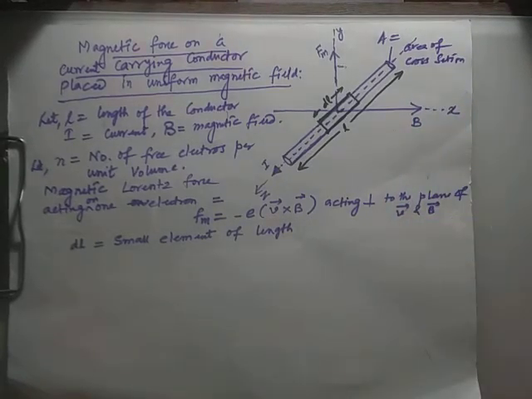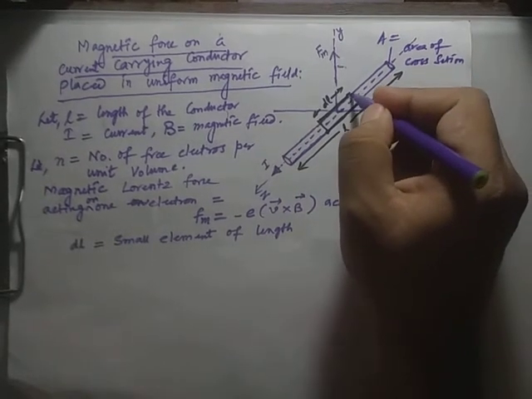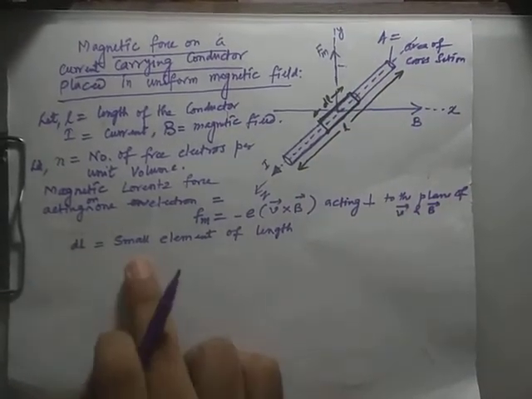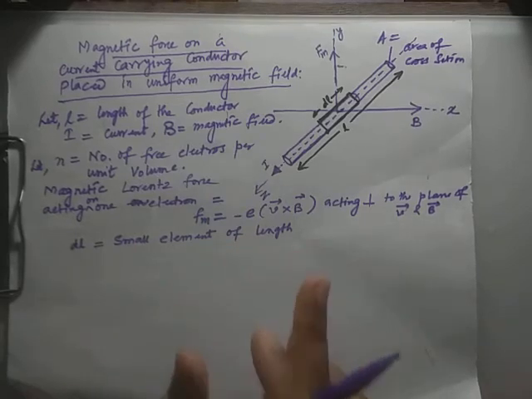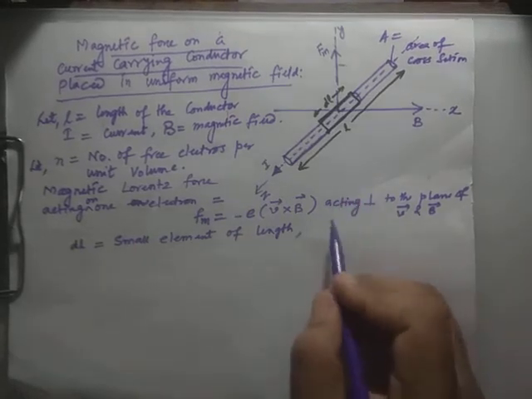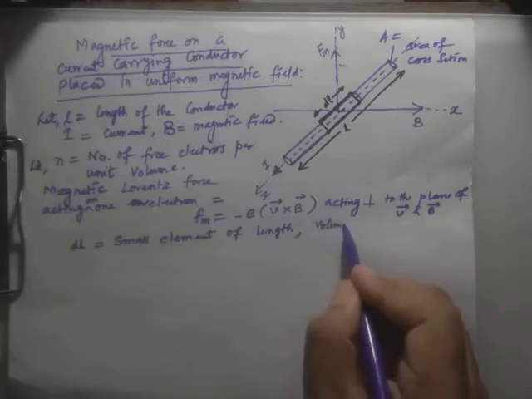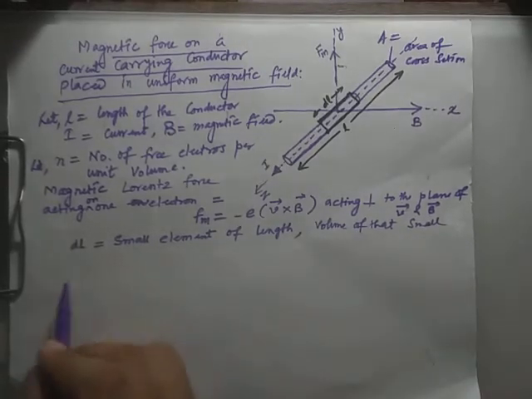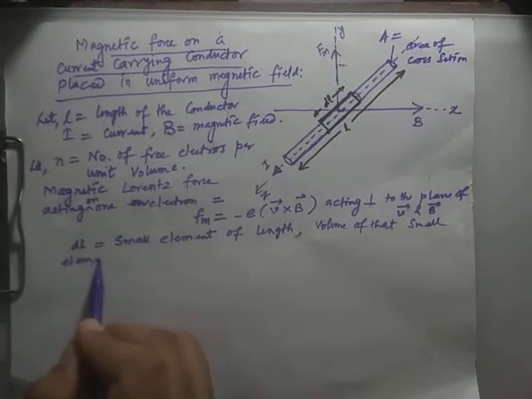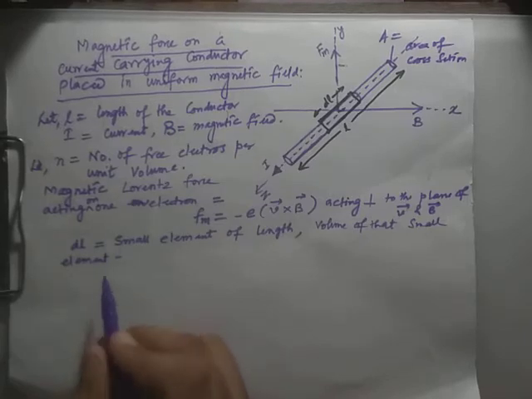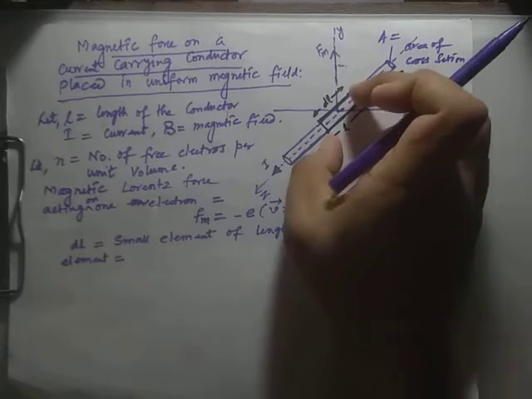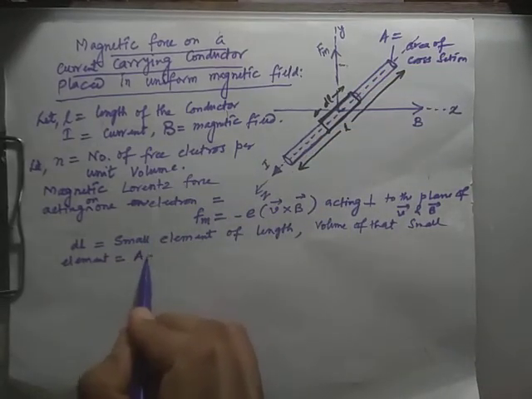So what is the volume of this small element of length dl? It will be the area of cross section into the length, so A into dl. So this is the volume.